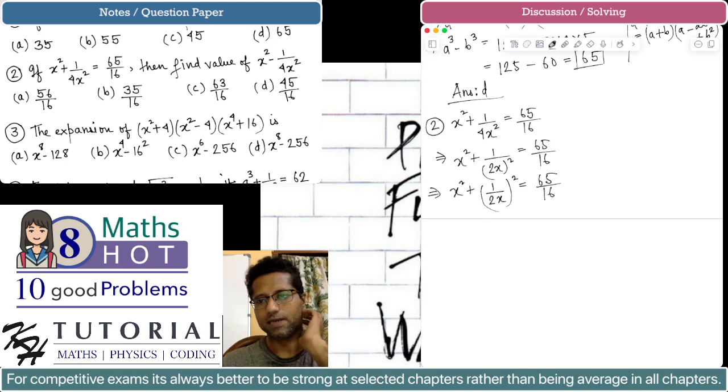Now also note that if you are given a value of a square plus b square, let's say 3, and also a into b is a constant.